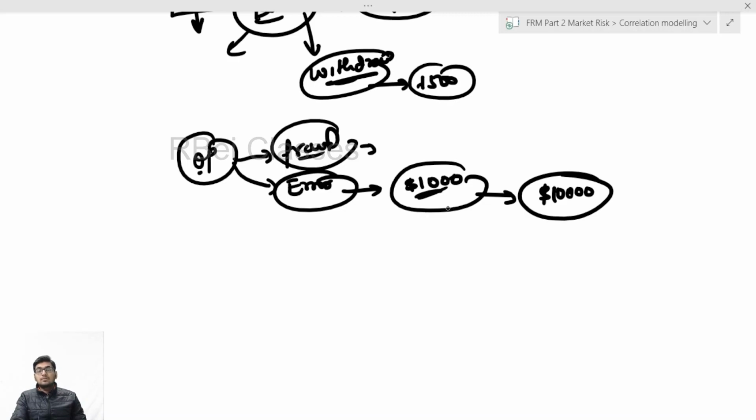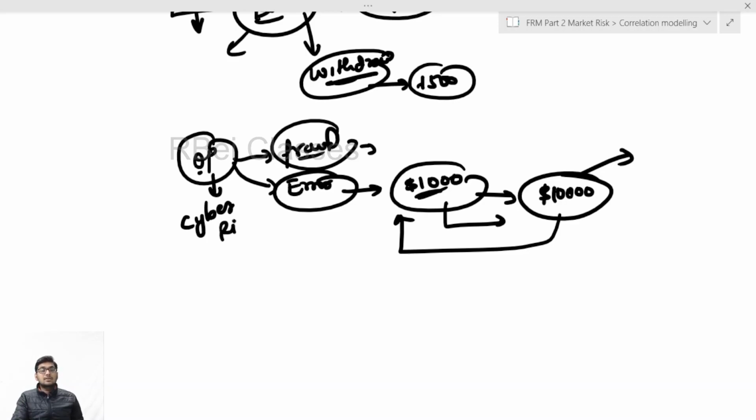Clear? So this is a loss to the bank. Now the bank will find out where the mistake is and reverse the entry. But if that person had withdrawn that money, it would become very difficult for the bank to recover it. Are you understanding? So these all are important points. Even cyber risk is part of operational risk.